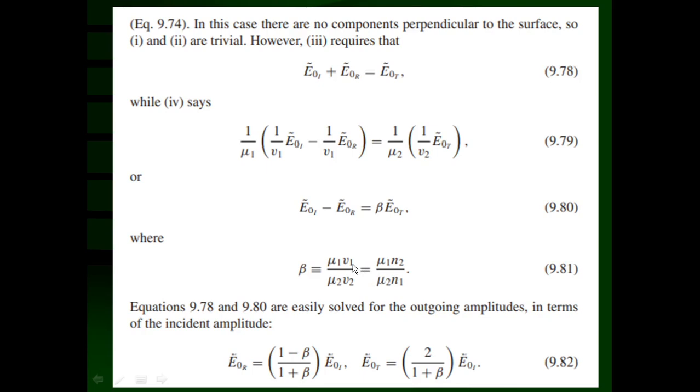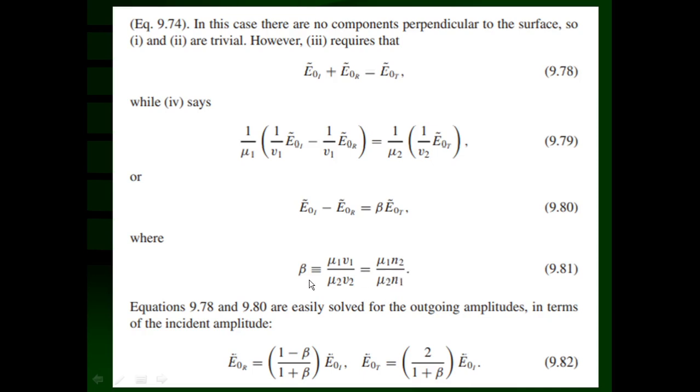Now what is V1 equal to? We can divide and multiply it by the velocity of light c, and c upon V2 is nothing but n2, and V1 upon c is nothing but 1 upon n1, the refractive index.